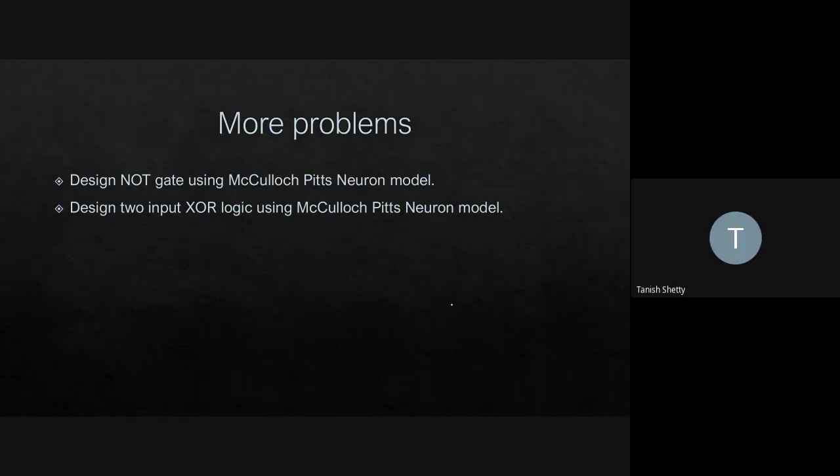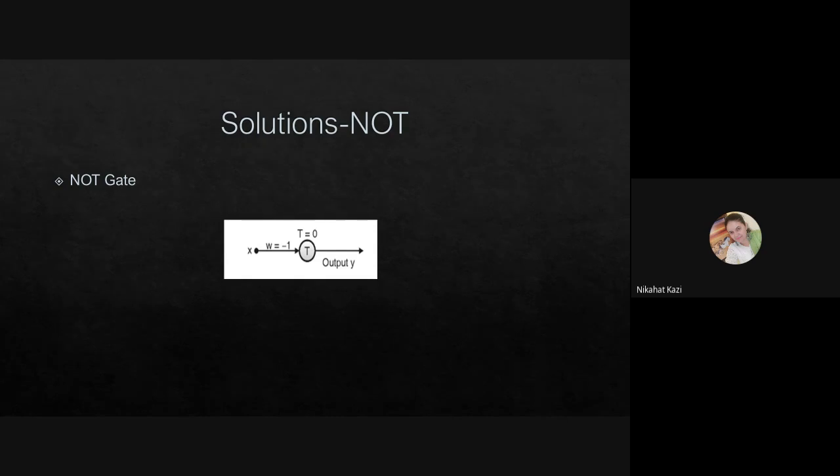It would be inhibitory, because it just suppresses the original input. Exactly. It is inhibitory, so it should have weight -1. Once you have that -1, you will decide the threshold. Threshold will be 0. So weight is -1, single weight, and threshold is 0.